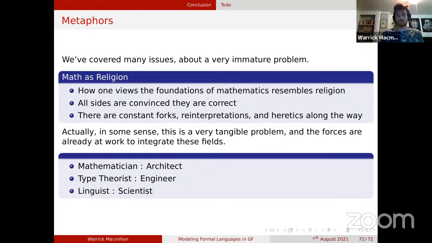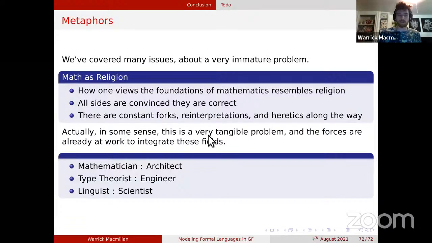But there's also a lot of forks, reinterpretations of scripture, heretics, etc. So maybe that's a little bit cynical to claim, but in some sense, this is actually a very tangible problem of using GF as a proof translation engine.